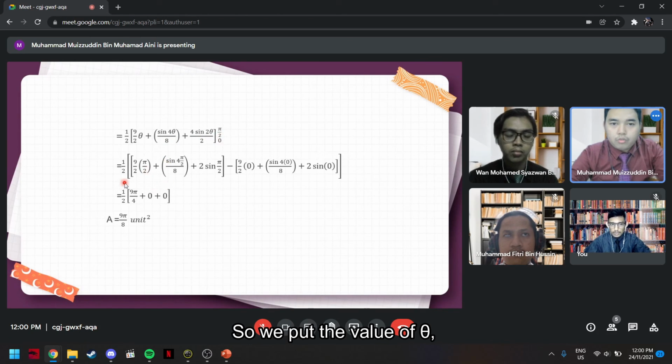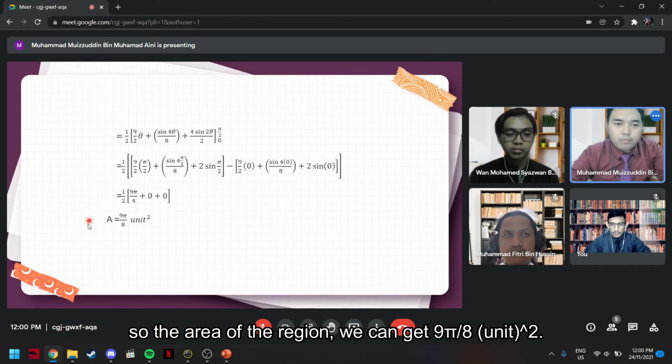So, we put in the value of theta, we can get 1 over 2 in brackets 9 pi over 4. So, the area of the region, we can get 9 pi over 8 unit square. Thank you.